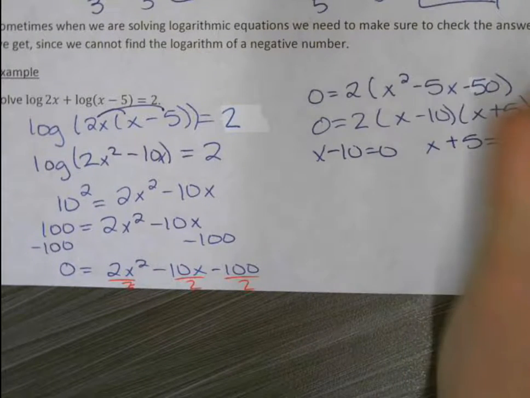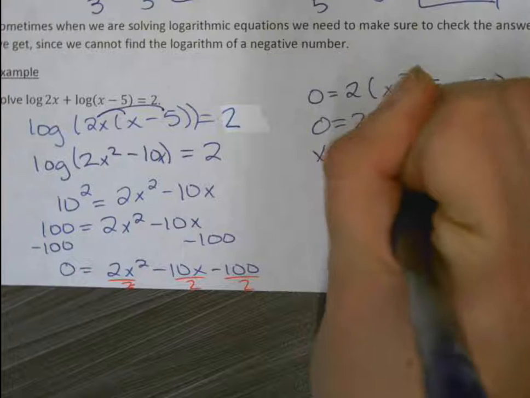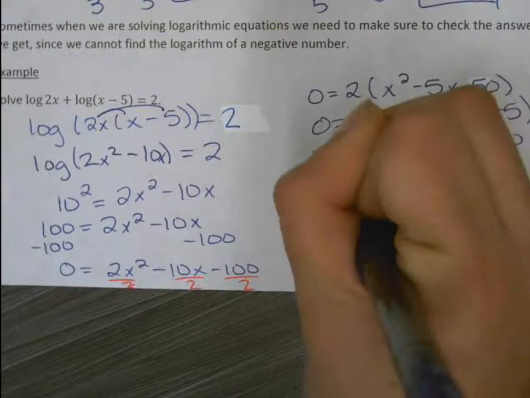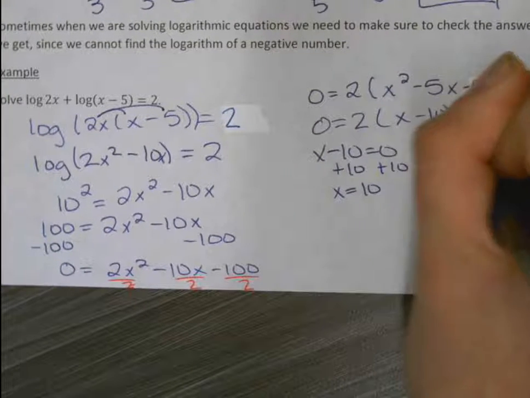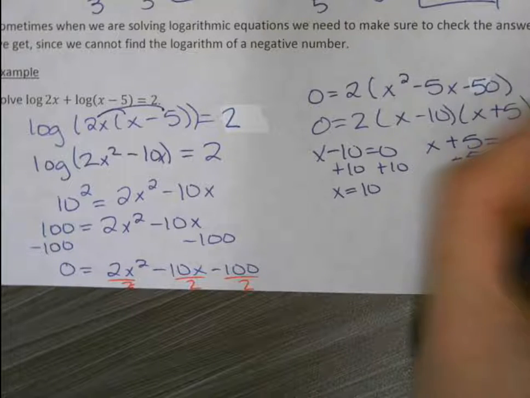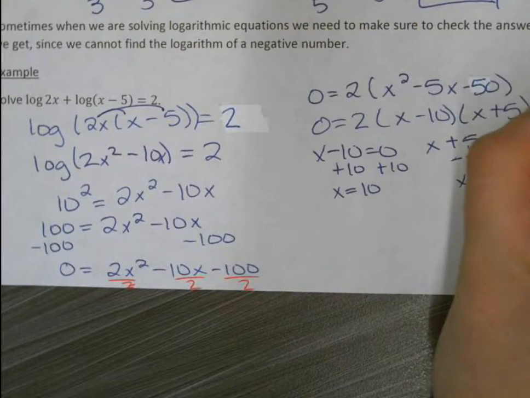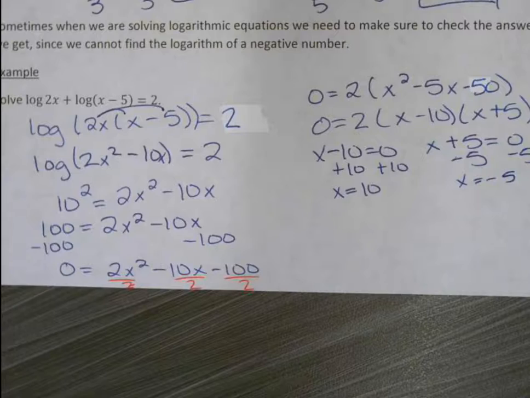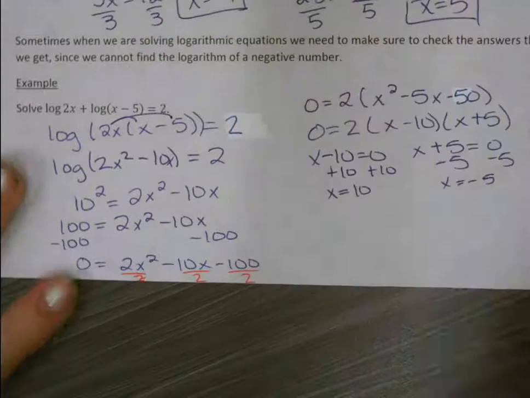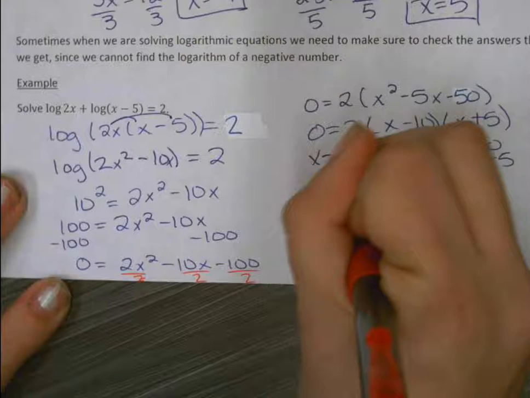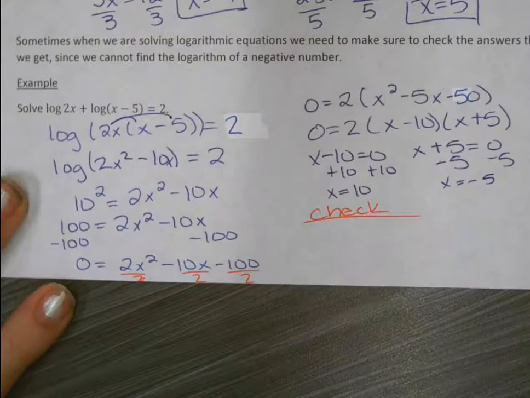Okay, so on this one, this is the one where I need to check my answer, because anytime I make a squared, I have to check because sometimes they don't work. So I'm going to plug in the negative 5 first.